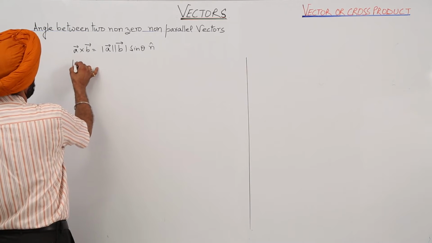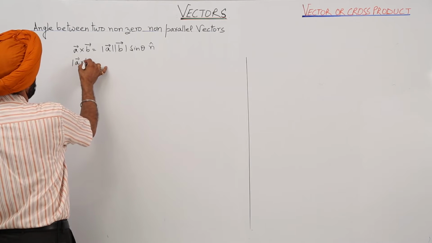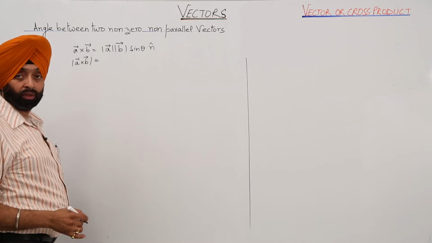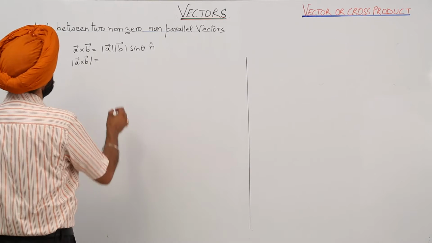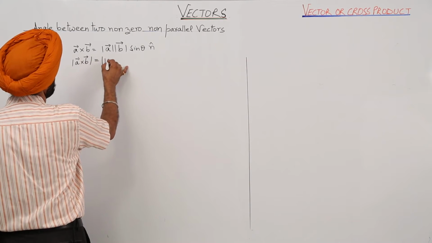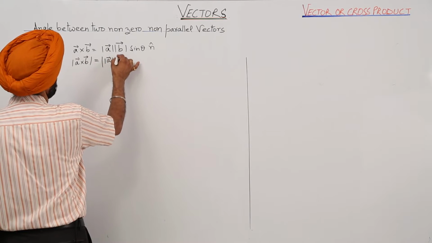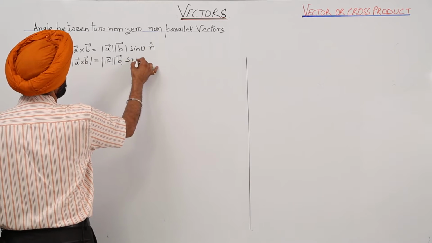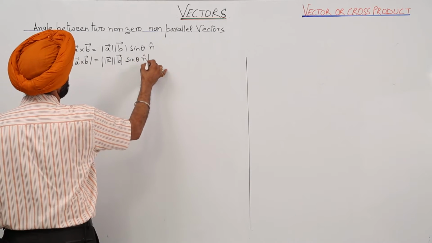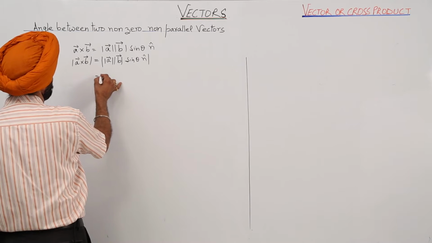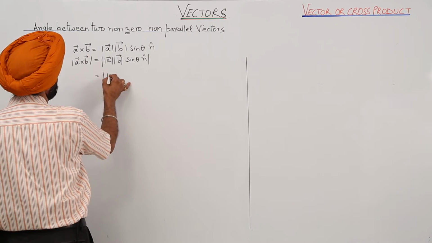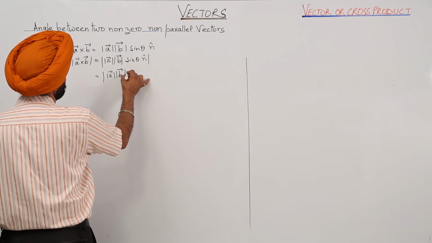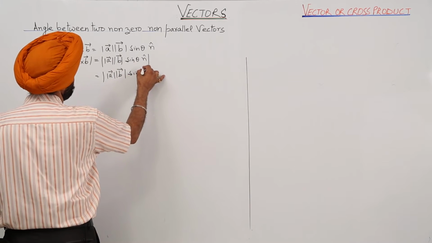Now the modulus of vector A cross vector B, we can write it as the magnitude of sin theta n cap, or we can write it as magnitude of A, magnitude of vector B, sin theta.